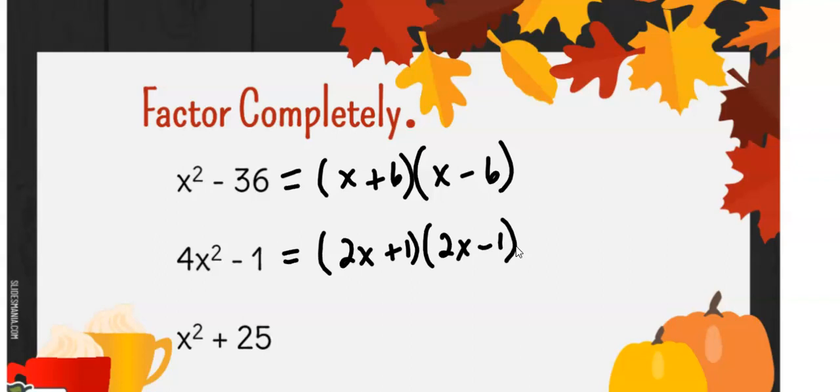Now on the last one, we recognize that we have two squares in x squared and 25, but this is a sum, not a difference. Therefore, anytime something cannot be factored, we use our two words, not factorable.